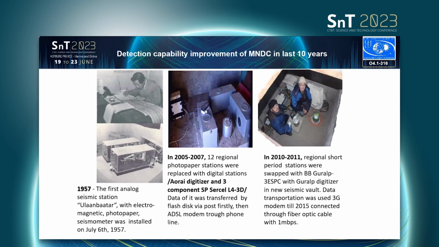From 2010 to 2011, all the regional short period stations were swapped with broadband 3 SPC sensors and a Guralp digitizer, and new stations were installed. Also, all 12 regional stations were connected by fiber optic cable.